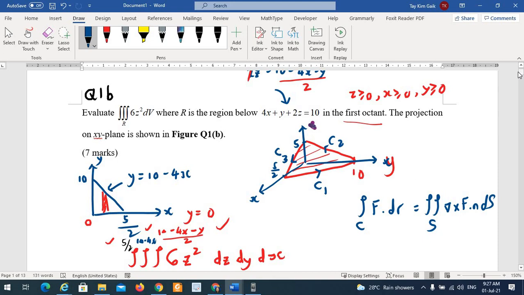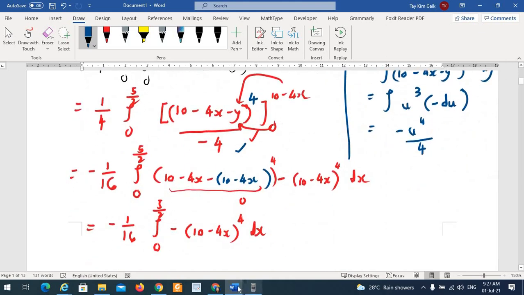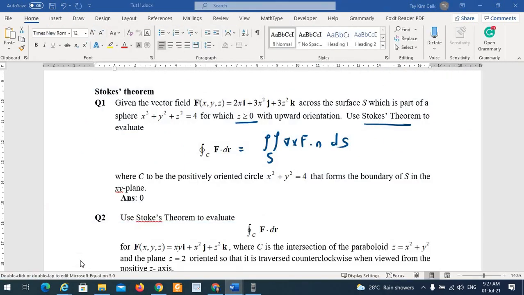Normally the curve in 3D is a piecewise smooth curve connected and closed to form the surface S. Then we use Stokes theorem. A simple integral like this question you can actually do with a line integral, but when the question gives this one you have to evaluate here. Same with the rest of the questions.